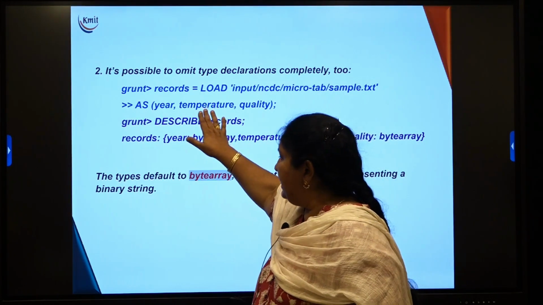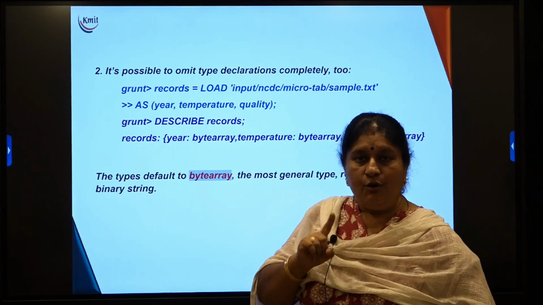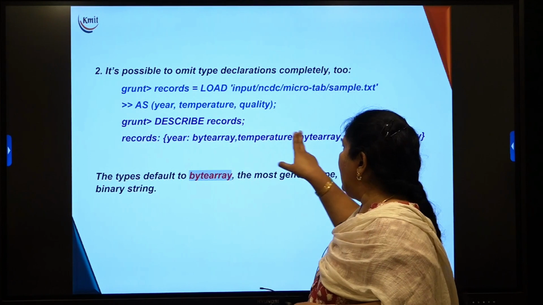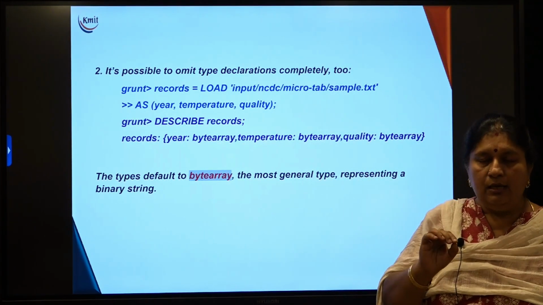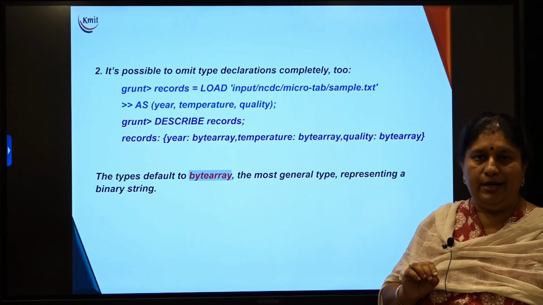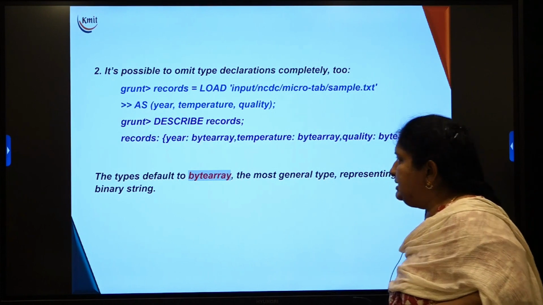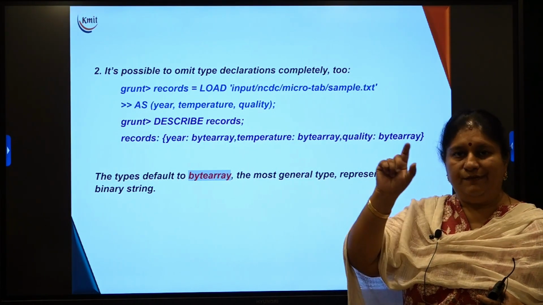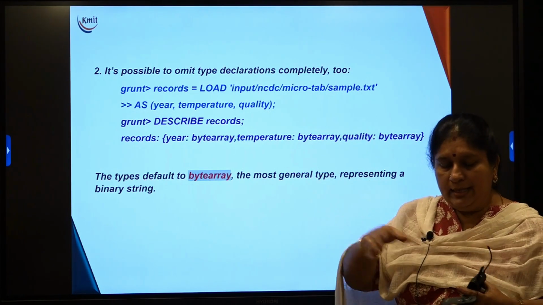But in the second option, you can omit the data type. Whenever you omit the data type, by default it will take it as byte array. For every data type which is missing, it will replace it with the default data type called byte array. This is the second option. First option, for every field you specify the name and data type. Second option, omit all the data types.